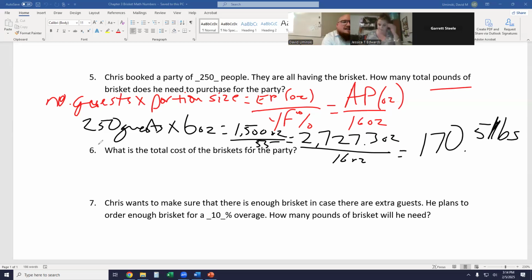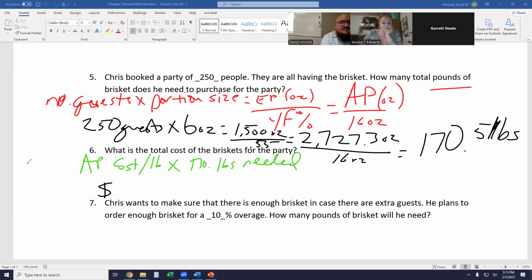My total cost, I'm going to take my as purchased cost per pound and multiply by the number of pounds needed. Super simple. Okay?